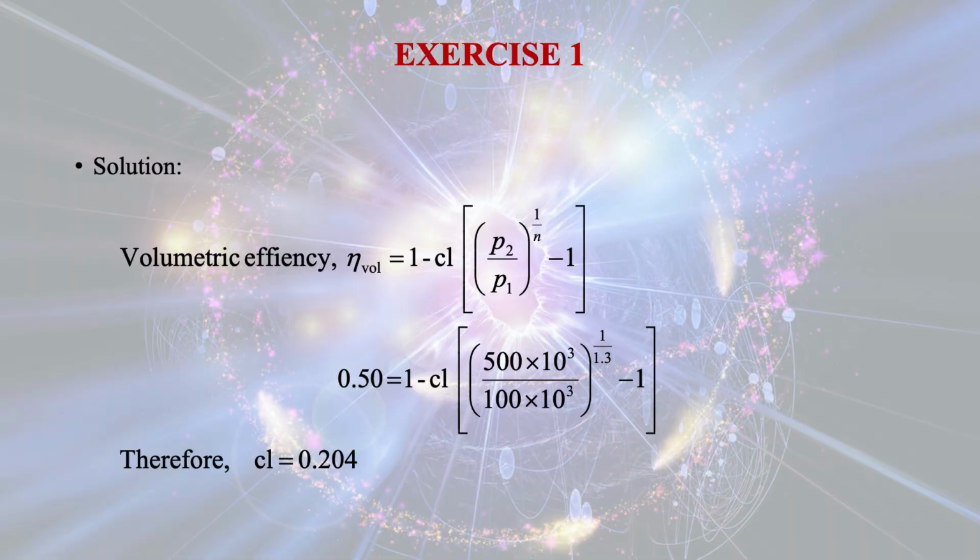Now let us see how we can proceed for this numerical. Volumetric efficiency is given as eta volume is equal to 1 minus CL within bracket P2 by P1 whole to the power 1 by n minus 1. For eta volume equal to 50%, that is 0.5, it is equal to 1 minus CL within bracket the pressure ratio P2 by P1, which is 5, whole to the power 1 upon 1.3 minus 1, because the value of n is given as 1.3.